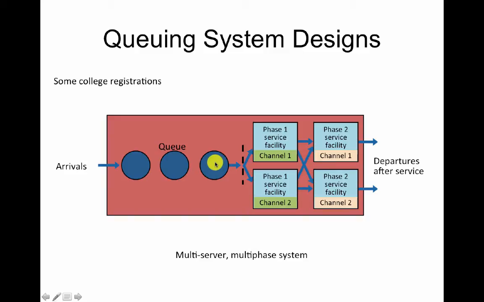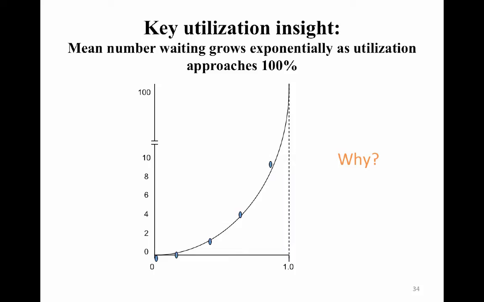They're both going to provide the same service. And then once that is finished, they can go again to either one of these phase 2 services. So using multiple people that do the same thing, and it's basically not first come, first serve, but whatever's open first. Multi-server, multi-phase system.